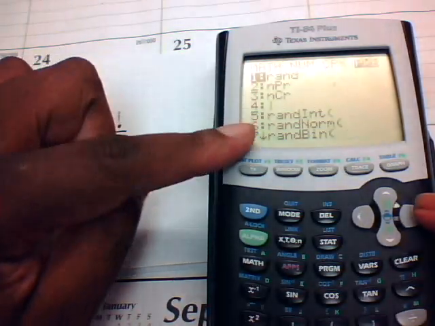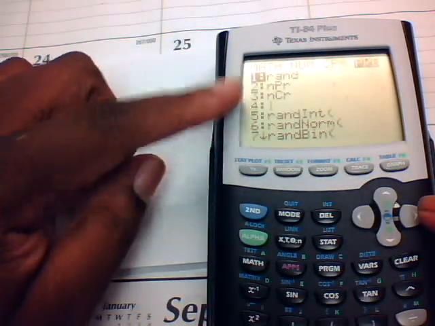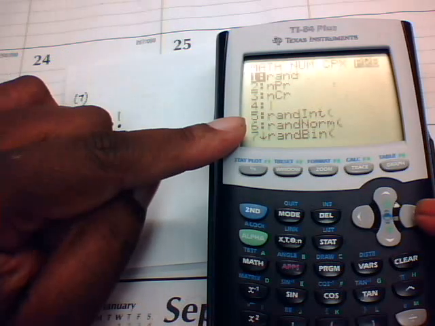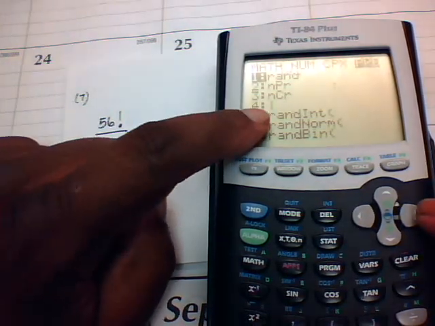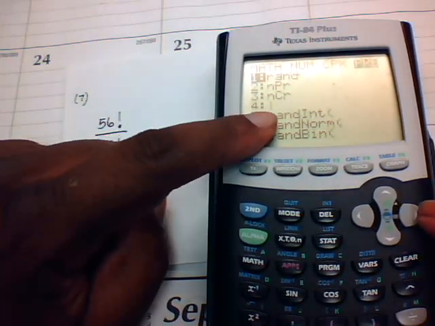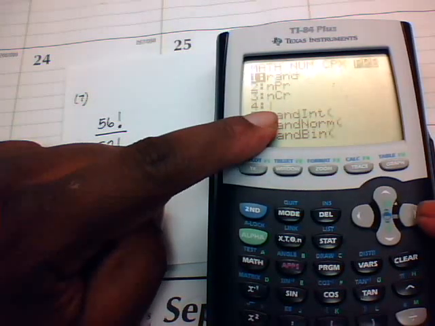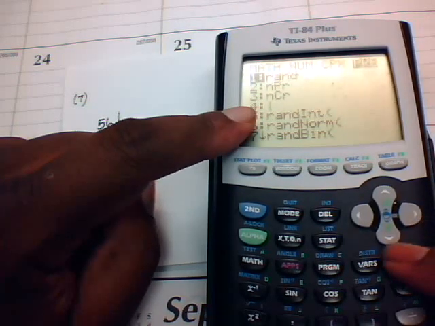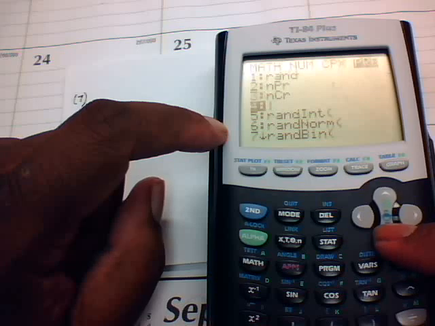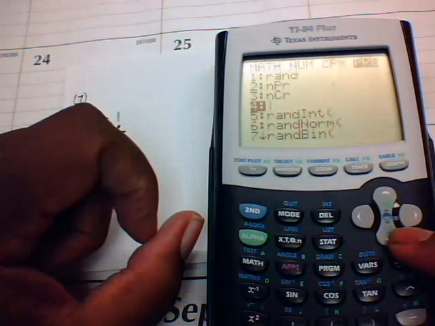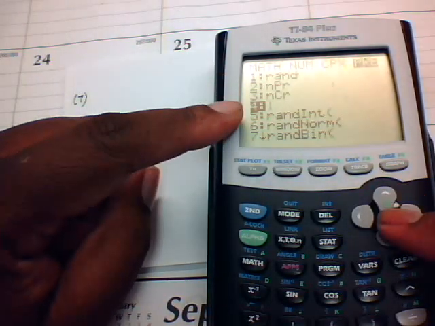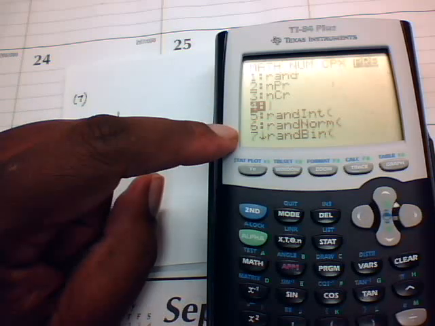And you should see this menu under the PRB menu or probability menu. Now, under that menu, you should see the exclamation mark, which is your factorial symbol. That's under number 4. You can use the down arrow key to go to number 4, or you can press number 4. But if you use the down arrow key to highlight number 4, you have to press enter.